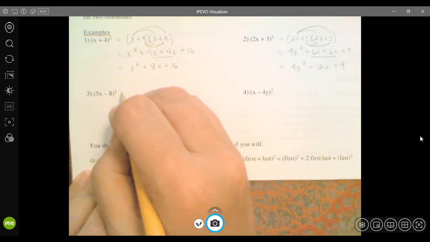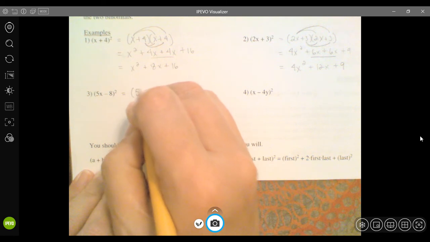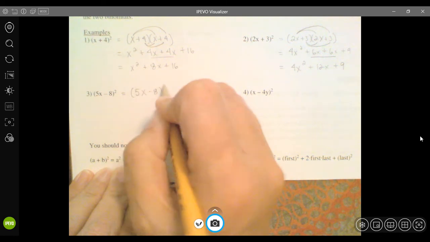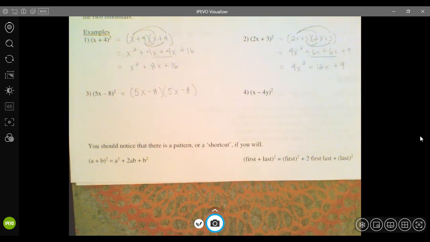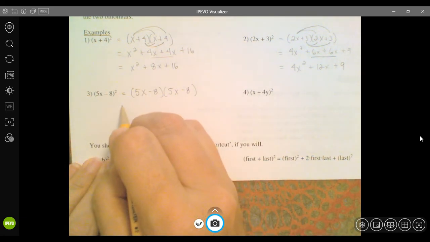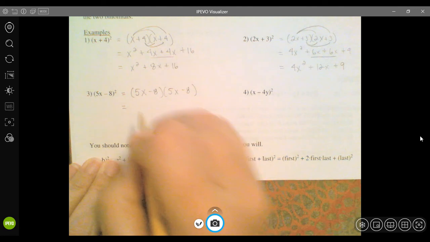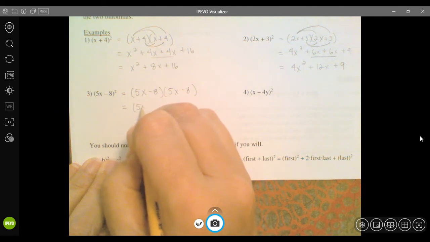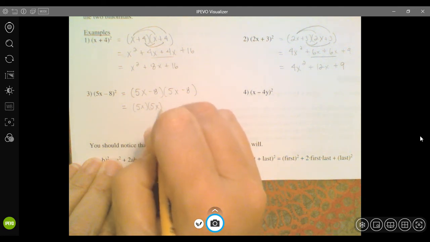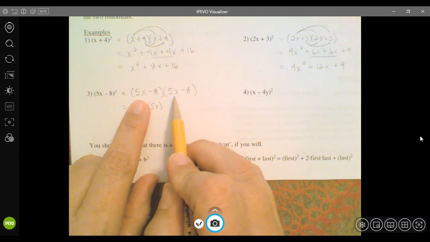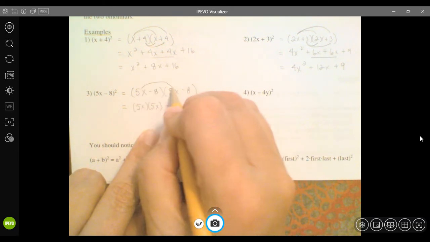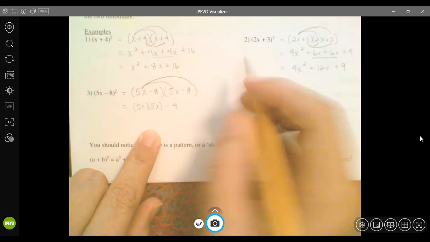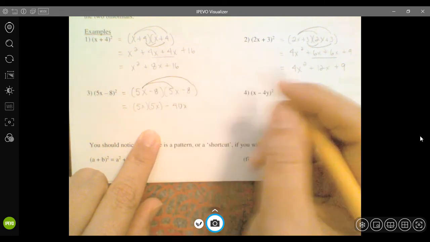So this is really 5x minus 8 times 5x minus 8. All right, y'all ready? I'm going to do this one a little differently. This is 5x times 5x, right? Then when we go to outer, so that's inner. Now let's go outer. We get negative 40x.